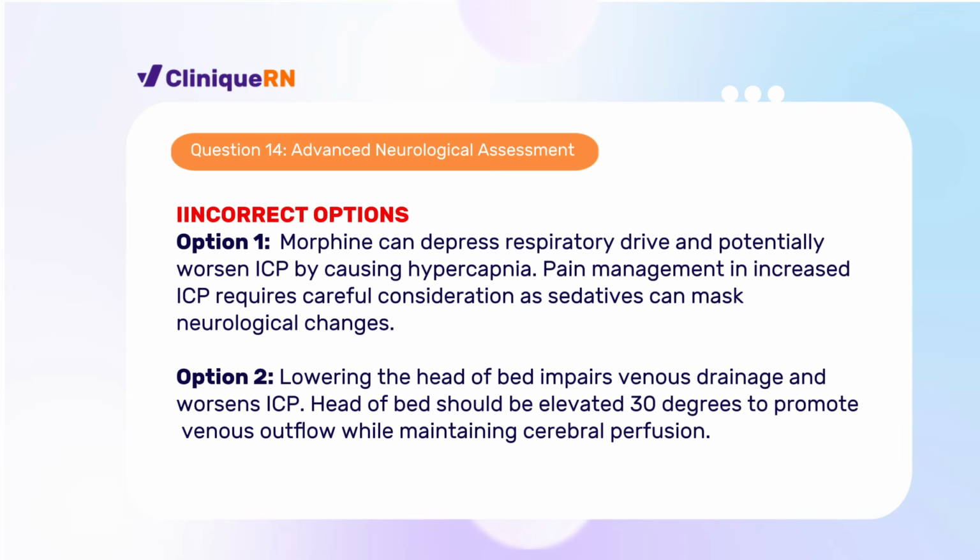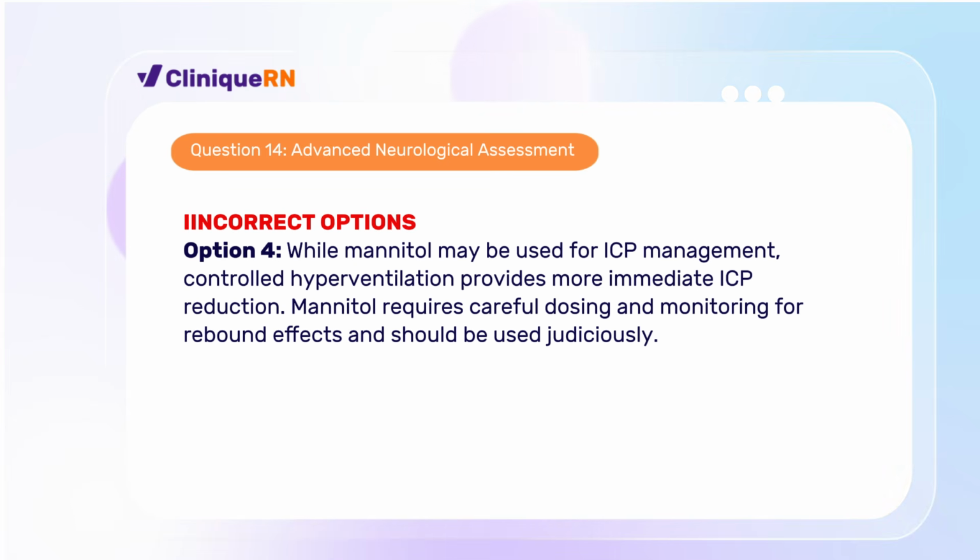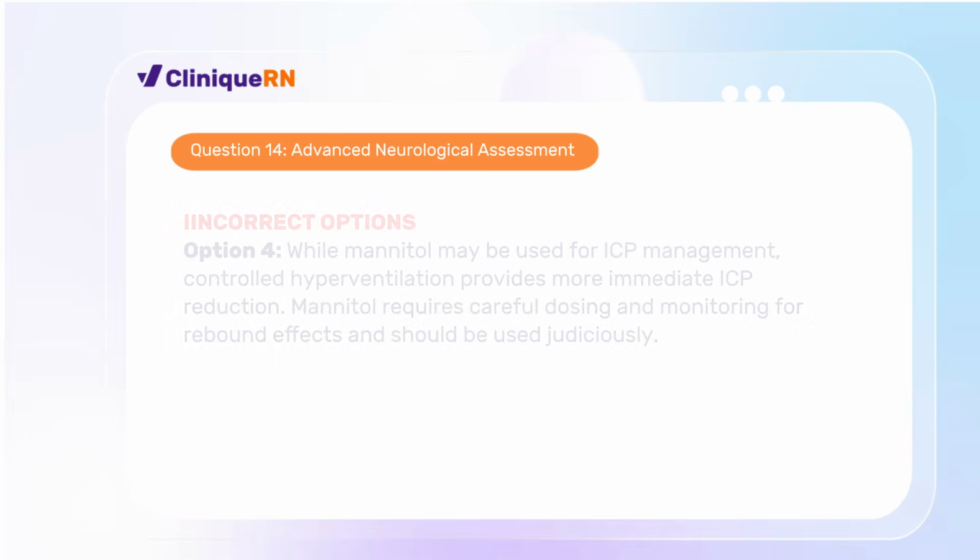The head of the bed should be elevated 30 degrees to promote venous outflow while maintaining cerebral perfusion. Option 4. While mannitol may be used for ICP management, controlled hyperventilation provides more immediate ICP reduction. Mannitol requires careful dosing and monitoring for rebound effects and should be used judiciously.